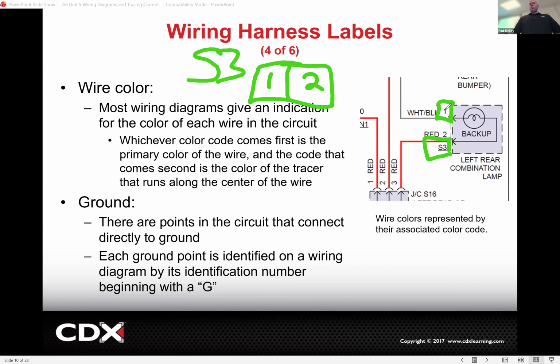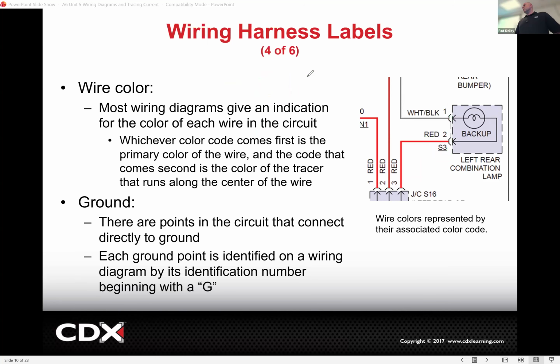So if you're like, oh, 1 is supposed to be on the left, and then you could double check it by this one should be white and black. And then what should terminal number 2 be in color, just to make sure you're on the right connector and everything? What should terminal 2 be? Red. Yeah, exactly. So see, when you've got the terminal numbers and the colors, it just helps to make sure you're not going to be confused.